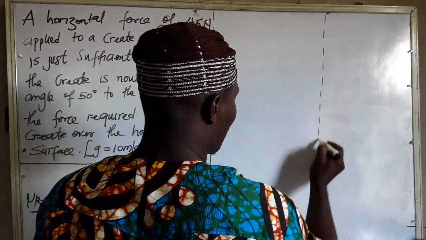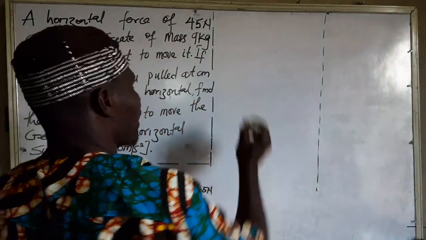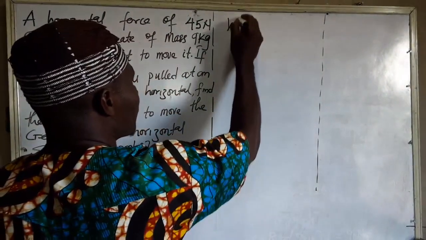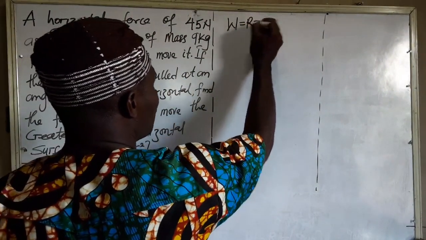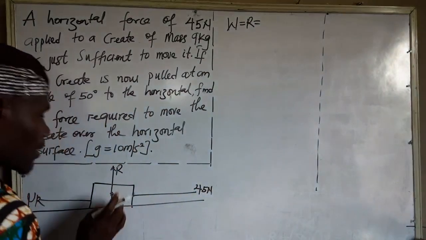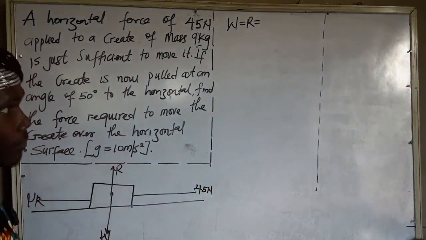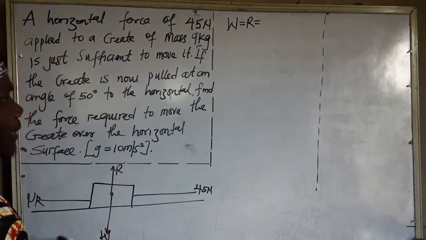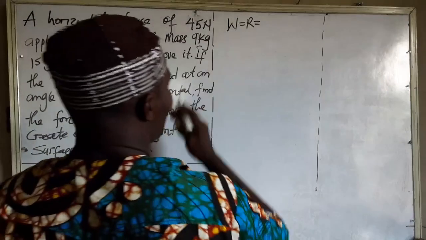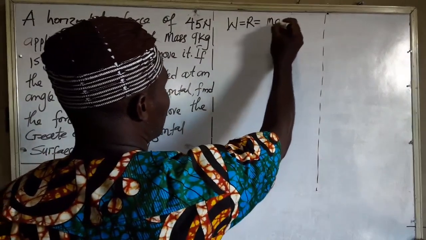Recall that the weight must be equal to the reaction, because the upward force is equal to the downward force, which is mg.